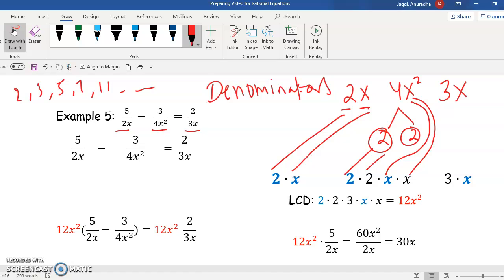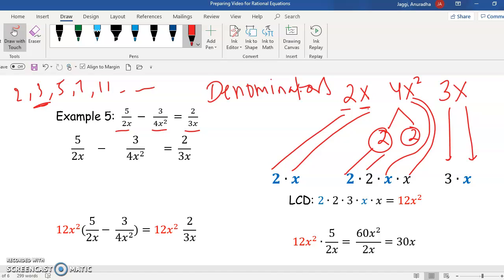Okay. Now the next one, 3 is again, as you see, a prime number. So just write it down here. And x is a linear factor. So all our denominators now are the product of prime factors and linear factors.